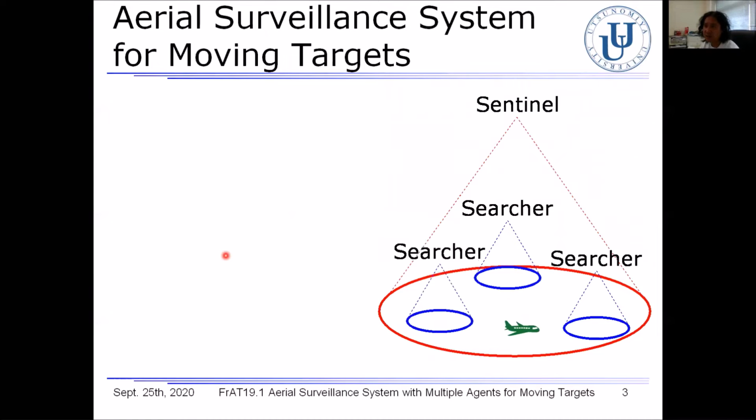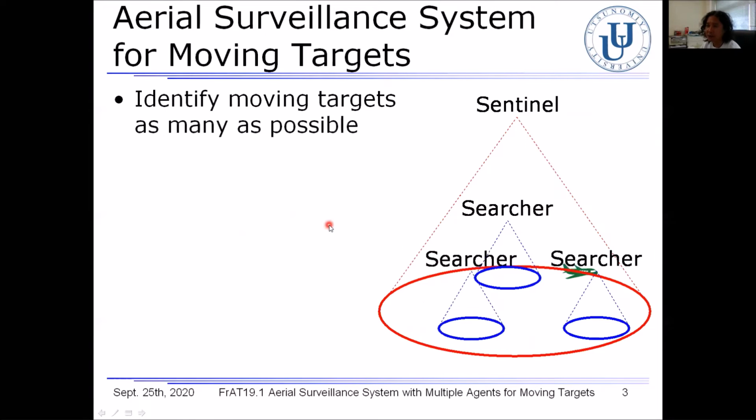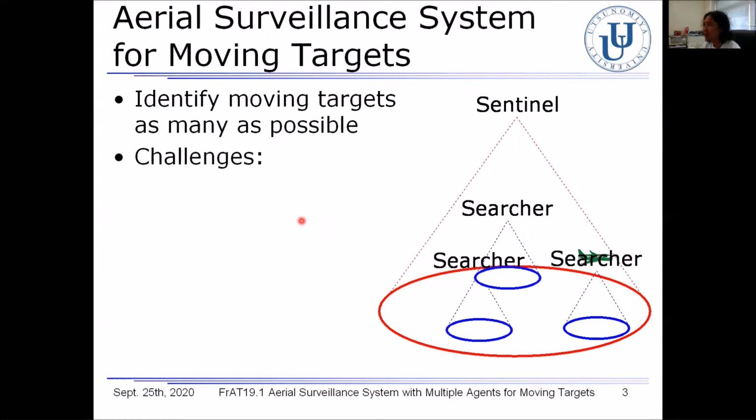Okay, in our surveillance system, one sentinel and multiple searchers are used as illustrated in this figure. The sentinel here hovers in the same place and the searchers move to approach the target. So in order for the searchers to identify moving targets as many as possible, it is required to solve the following challenges.